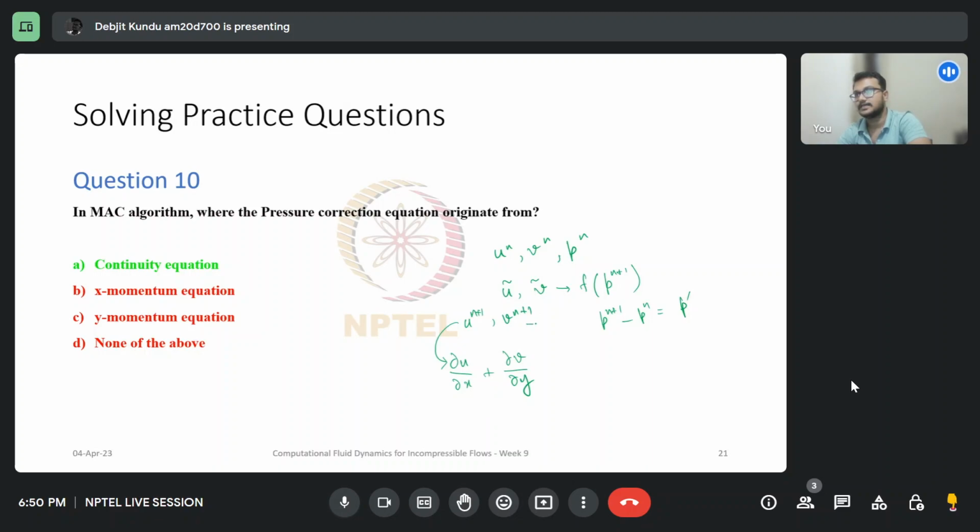And these appear as a function of these u tilde, v tilde, and pressure correction. So this should be 0. And if we plug in those values, that is un plus 1 and vn plus 1, then this gives rise to the pressure correction equation, which is the Laplacian of P equal to rho over delta T into del of u tilde.